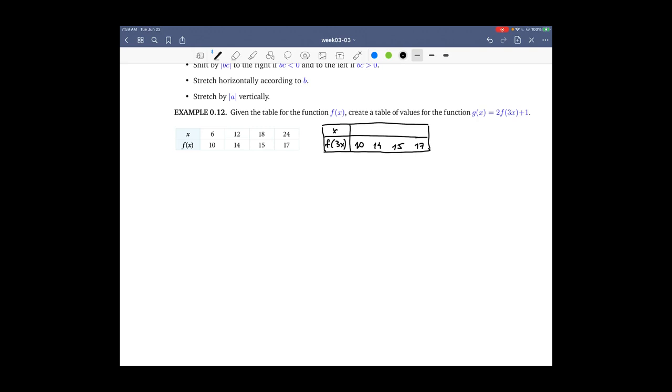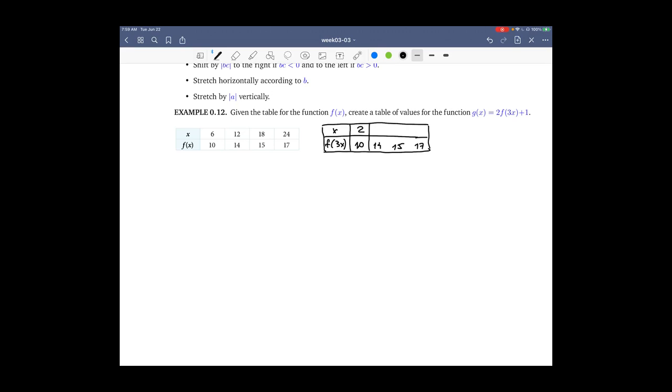When we multiply x by 3 inside of f, instead of taking 6 seconds to get to 10, this new function will get there in 2 seconds. So we're not slowing down f, we're speeding up f.